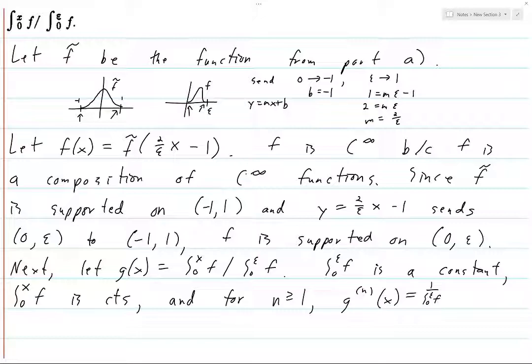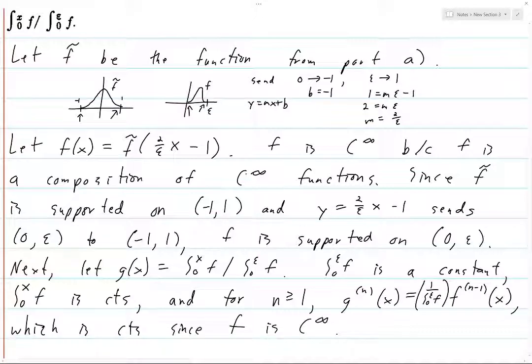Which is continuous since f is C infinity. Right? The fact that f is C infinity implies that the n minus first derivative of f is continuous, and therefore the nth derivative of g is continuous. So thus g is C infinity.